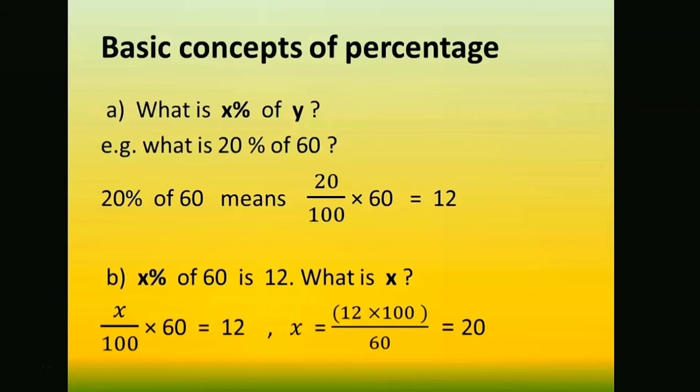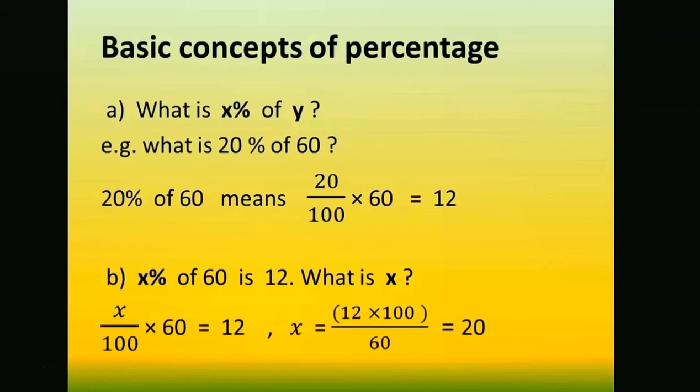Next, X% of 60 is 12. Then what is X? For example, if a test is answered out of 200 marks and a student scored 50% marks, then you want to find out how many marks the student has scored. So what will you do here?